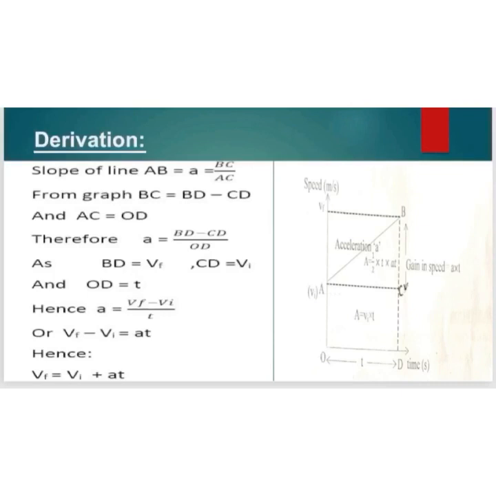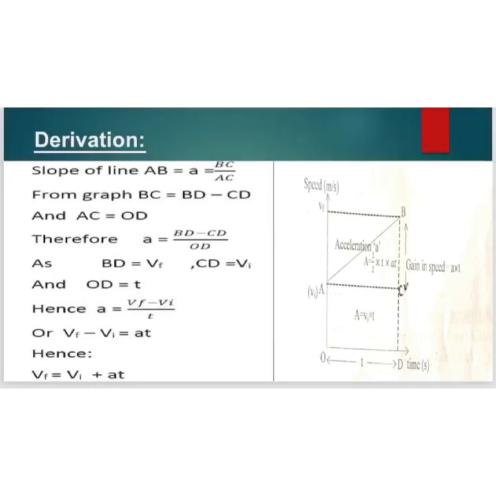So when Vi moves to the other side with AT, Vi becomes positive. So it will become Vi plus AT. So our equation becomes Vf is equal to Vi plus AT. So this is the final form of our equation, Vf is equal to Vi plus AT.